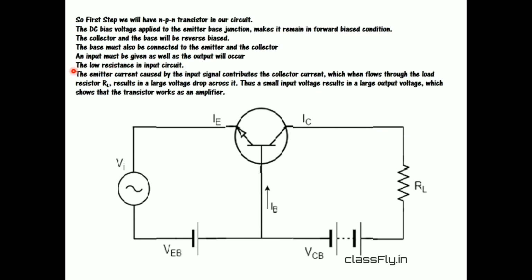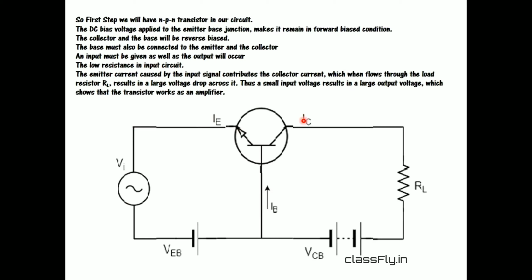It states that there is a low resistance in the input circuit. The emitter current caused by the input signal, that means this emitter current which we will get, 0.5 milliampere, contributes to the collector current.